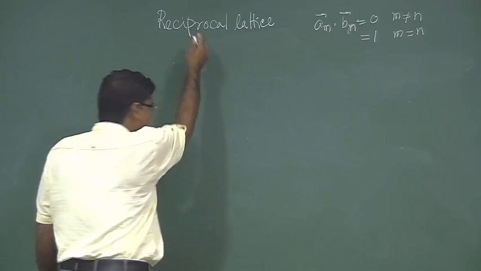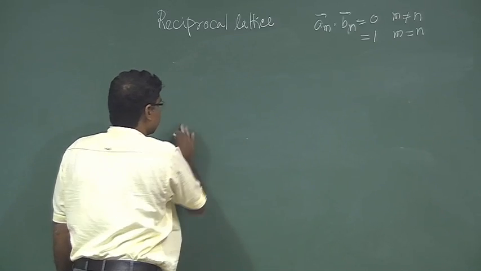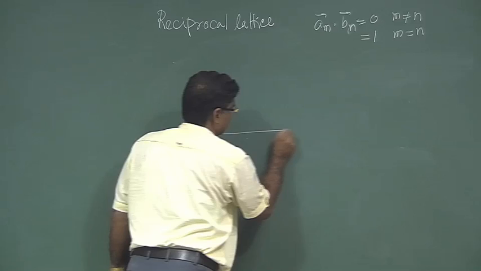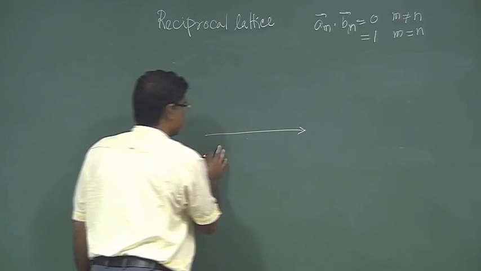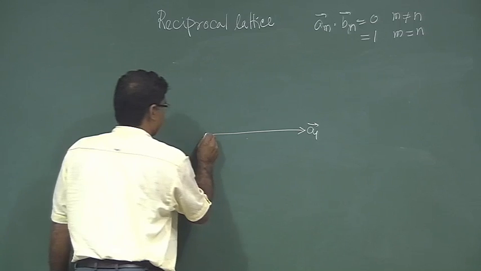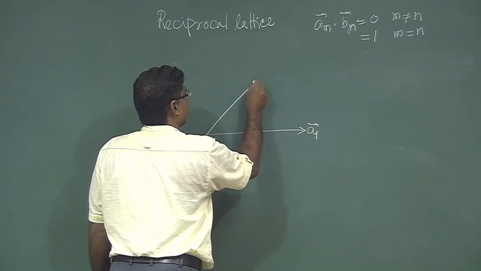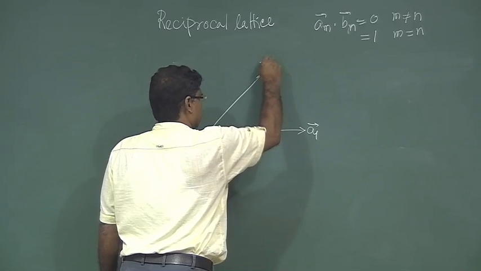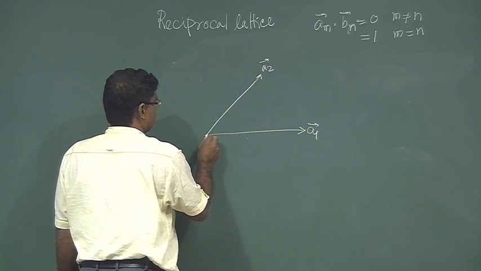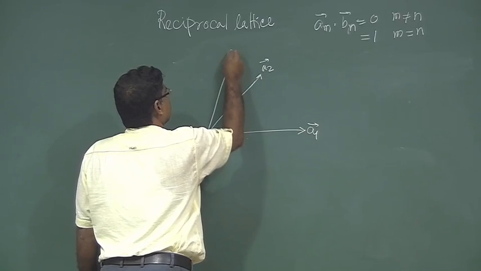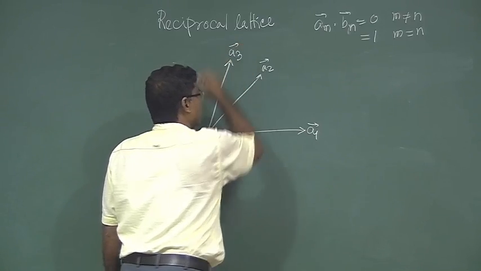Let us take an axis system in the direct lattice, A1, A2 and A3, right.